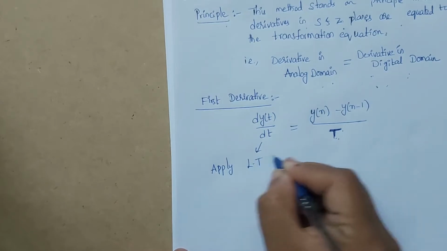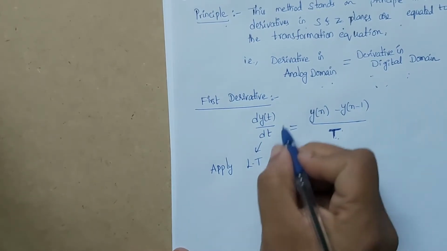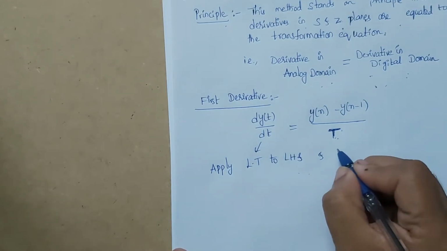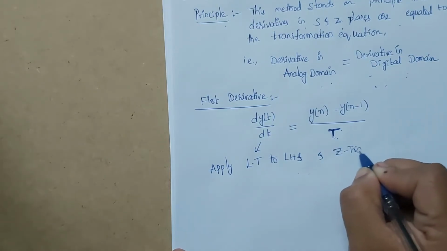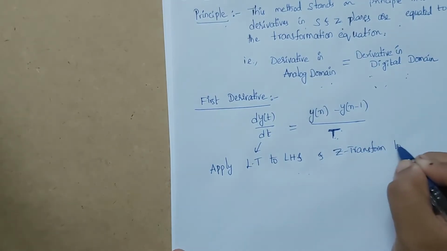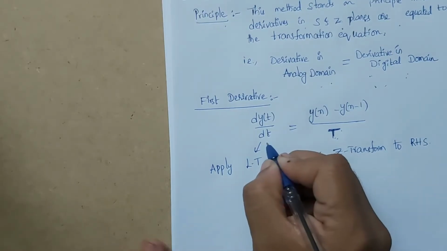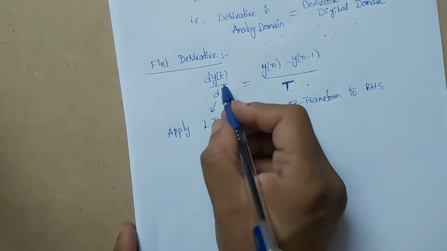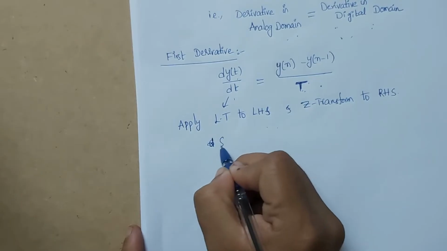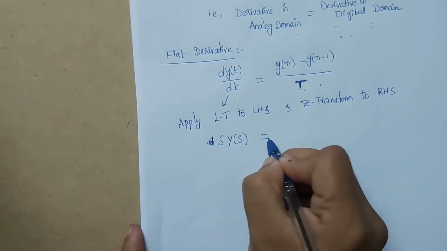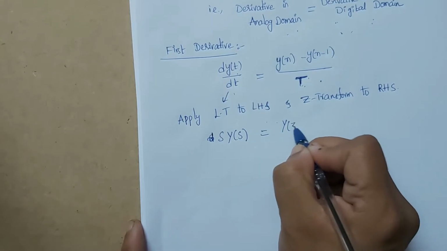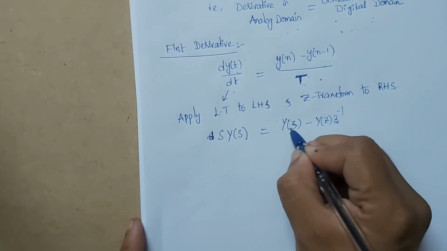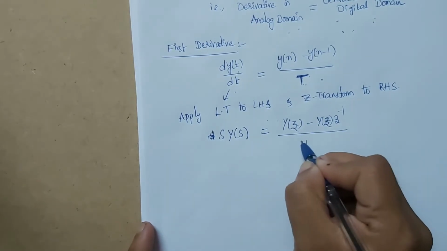Now apply the Laplace transform to the LHS, as this is the analog domain, and the Z transform to the RHS. So this will be s into y of s is equal to y of z minus y of z into z inverse, divided by t.